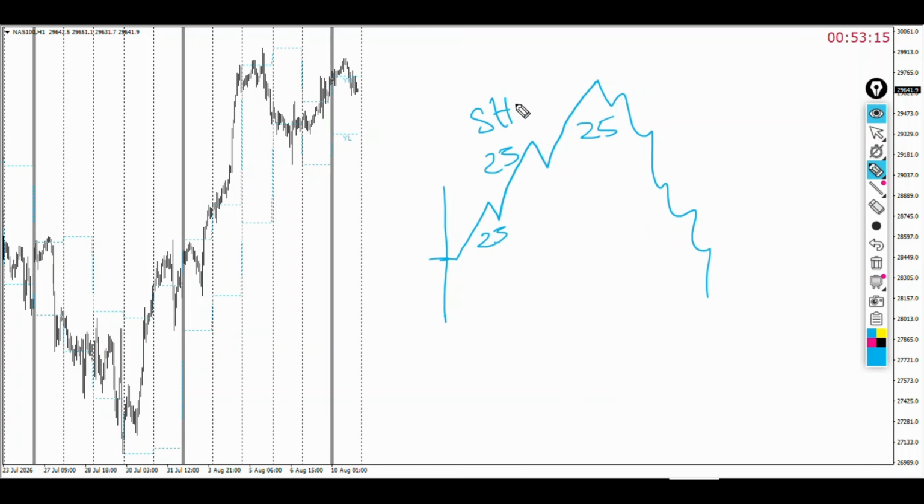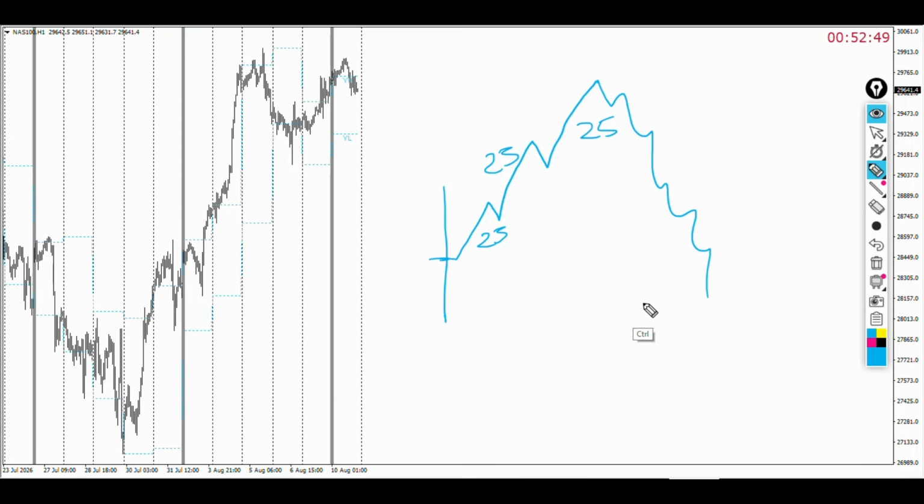Now, how long can the stop hunt be? For currencies, it may be 25, 25, 25 before going in your direction, or it can go 50 pips, 50 pips, 50 pips, three levels, and then go in your direction. Or it can go 75, 75, 75, then go downward.